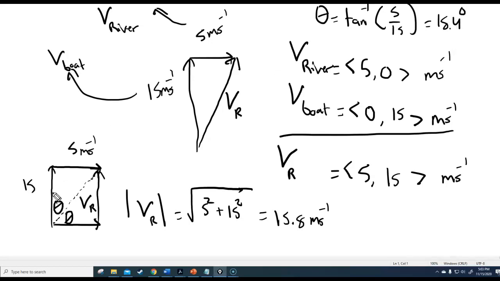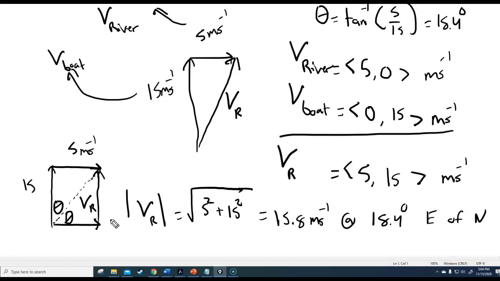Now that angle is the east of north angle. So the answer to the question could be 15.8 meters per second at 18.4 degrees east of north.